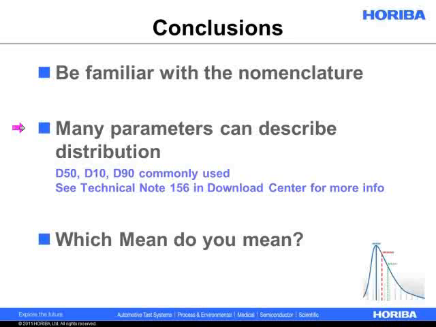So I'd always recommend looking at multiples. If you can't actually look at the graph, look at multiple parameters wherever possible. And I recommend looking for technical note 156 in the download center on our website. That has a nice explanation of what different parameters actually mean and how you might be able to use them.